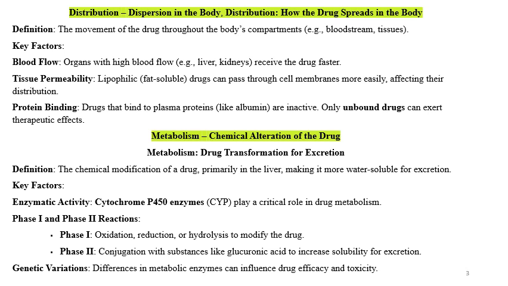Phase 1 reactions are oxidation, reduction or hydrolysis to modify the drug. Phase 2 reactions involve conjugation with substances like glucuronic acid to increase the solubility for excretion. Genetic variations, differences in the metabolic enzymes, can influence the drug efficacy and toxicity.